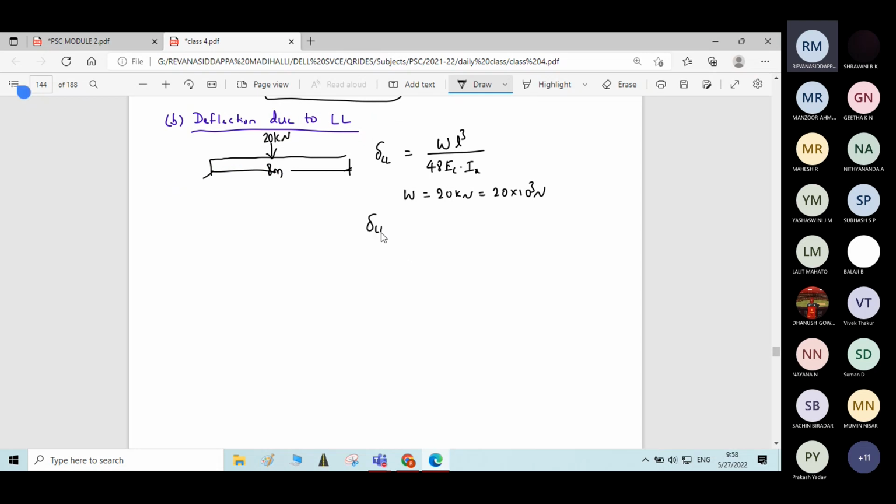So delta LL is equal to 20 into 10 power 3 into the length of the beam, 8000 cube, divided by 48 into 38 into 10 power 3 into 337.5 into 10 power 6.